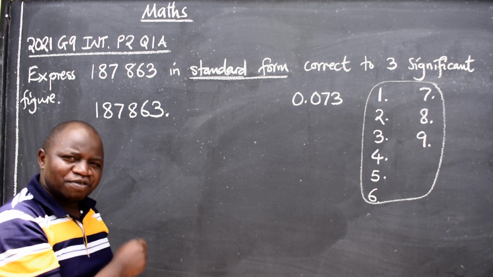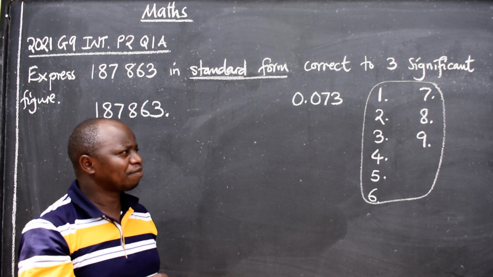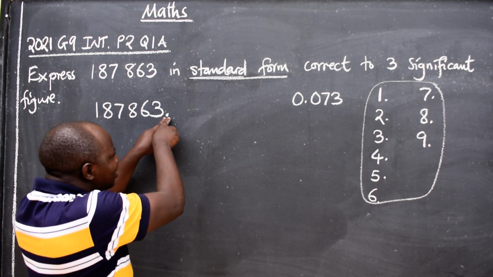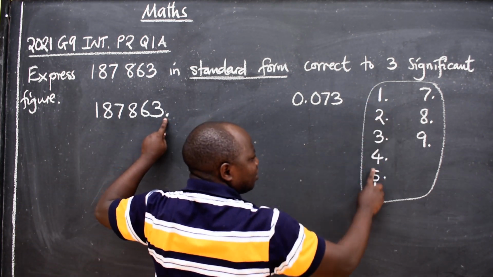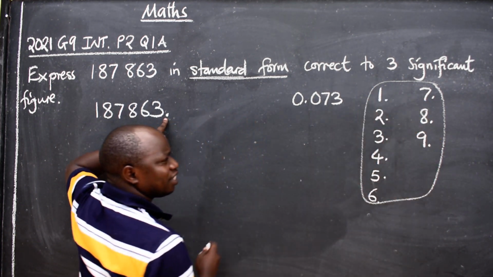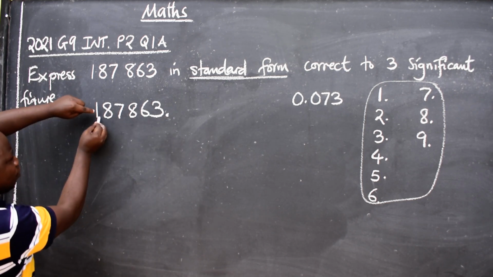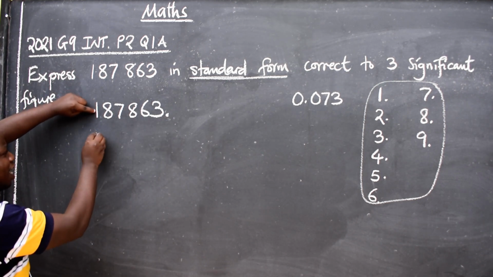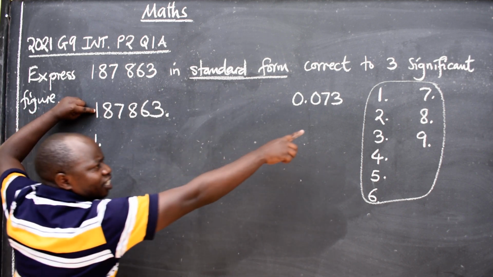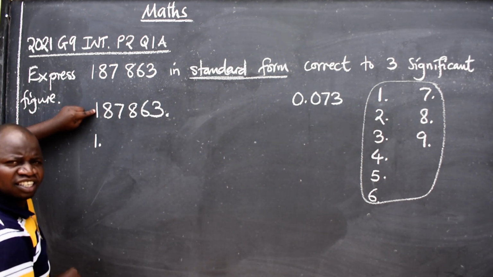Now that you have identified the decimal point, we are going to shift this decimal point so that it becomes these numbers that we are seeing here. It means we have to shift this decimal point to here, so that here I have 1 point. Are you seeing this?